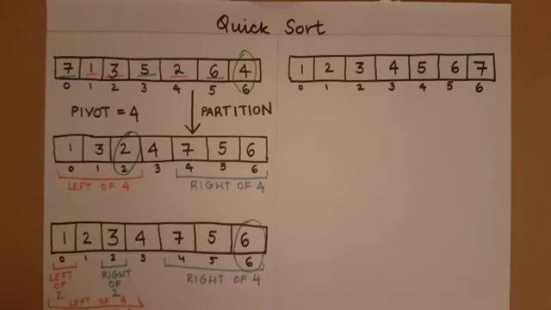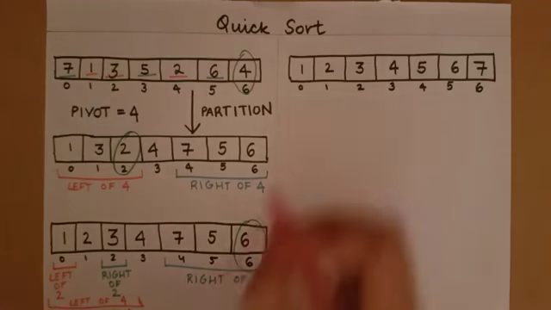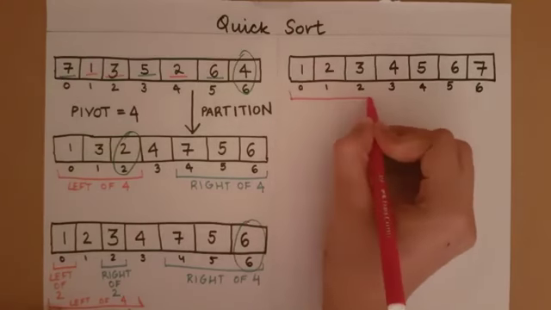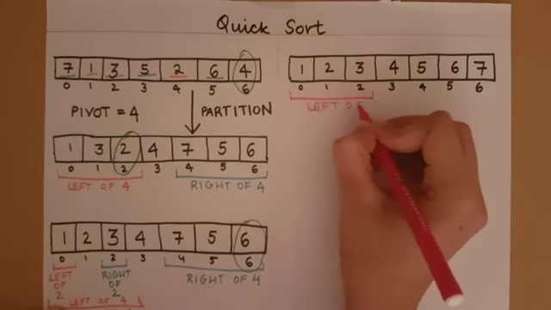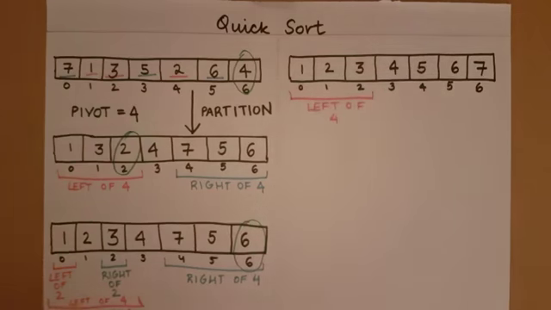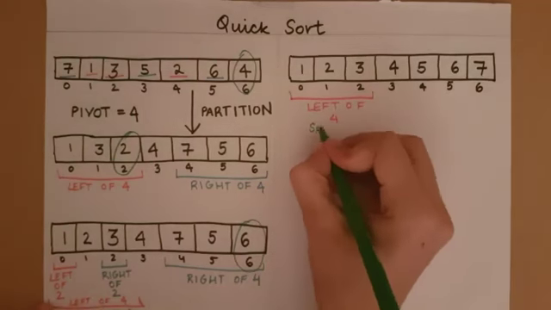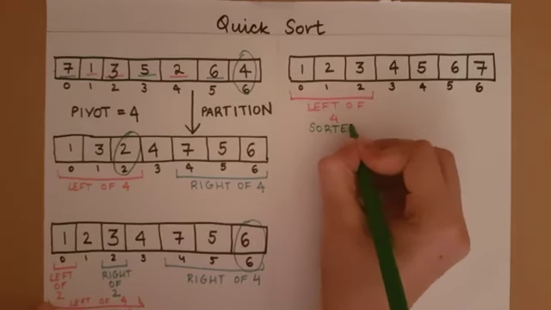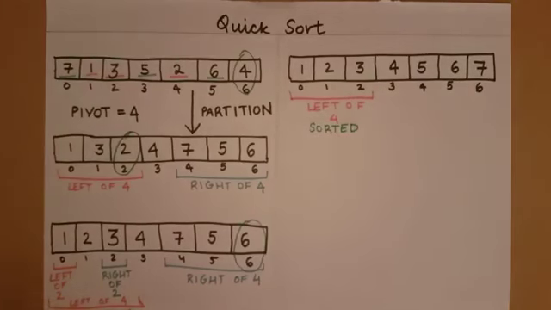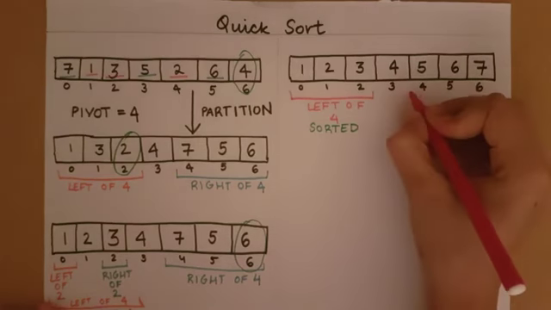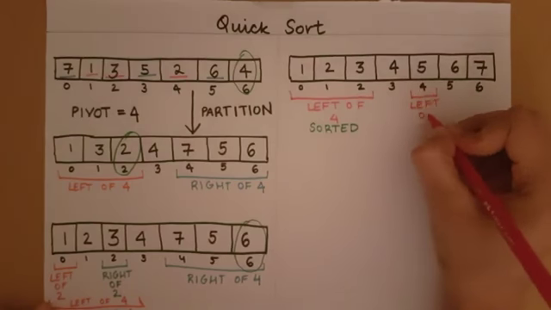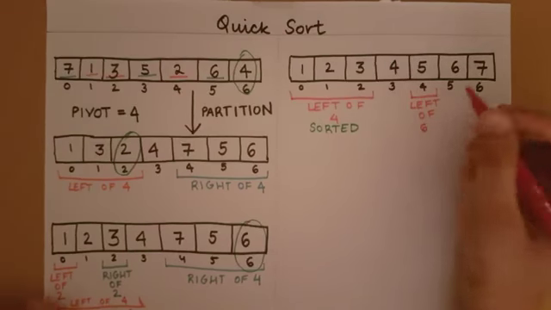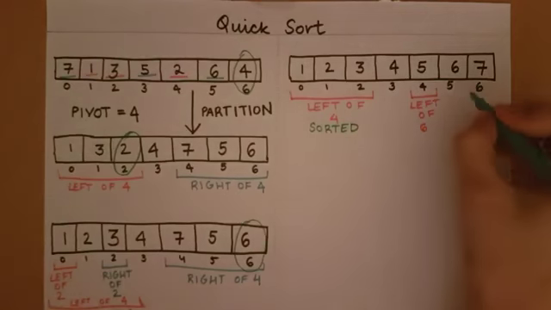Over here, we have the left of 4, which is known as a sorted array, as we have just seen. Then we have the left of 6, and we have the right of 6.